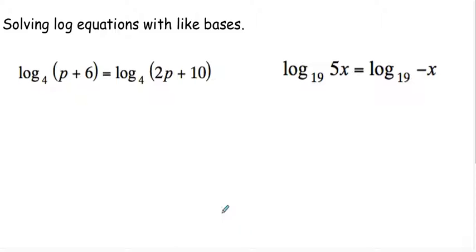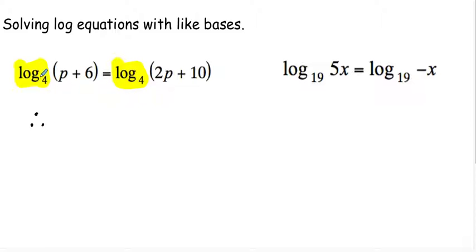Much like exponents, when you're solving log equations that have logarithms on both sides, it all comes down to the base. So if the bases are the same, we're really just saying that the arguments also have to be the same.